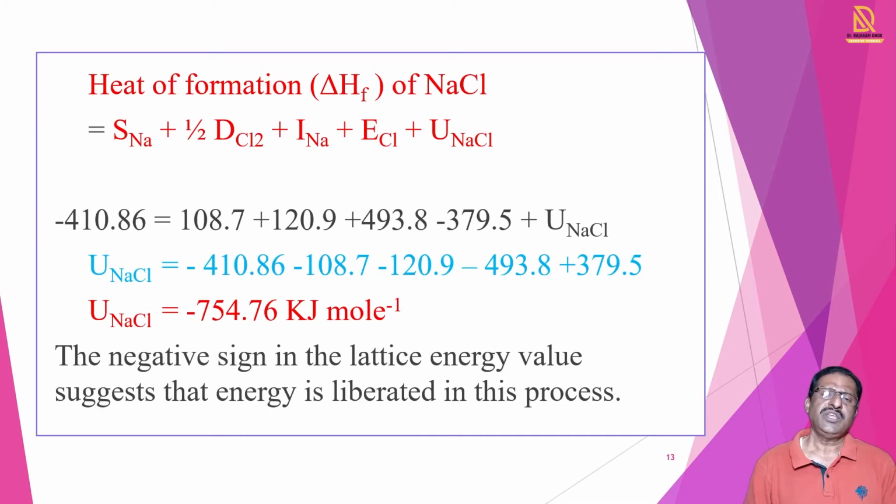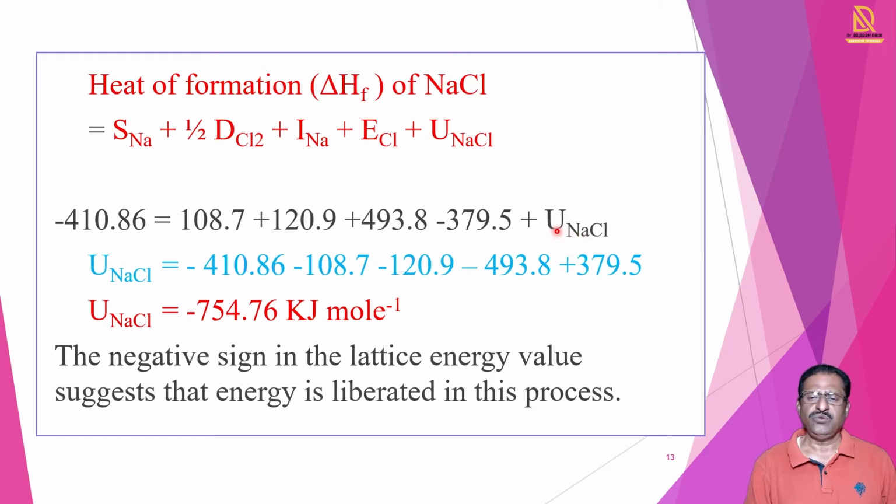Now we see how the heat of formation of this NaCl is calculated. The heat of formation is equal to the combination of all the energies, that is S Na plus one half D Cl2 plus I Na plus E Cl plus U NaCl. And we can add all these values. By adding all the values, we can calculate the U NaCl.